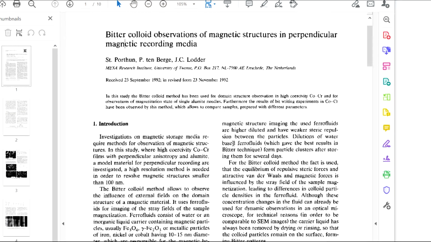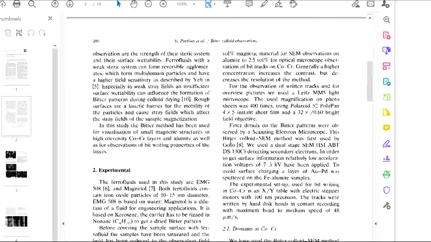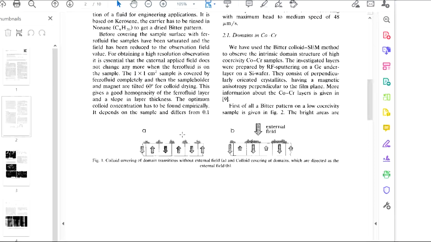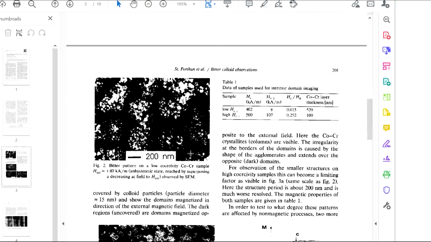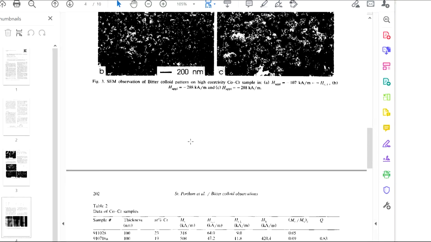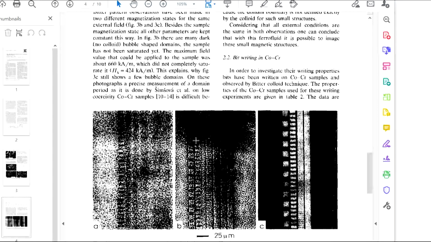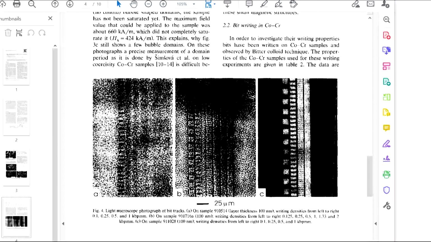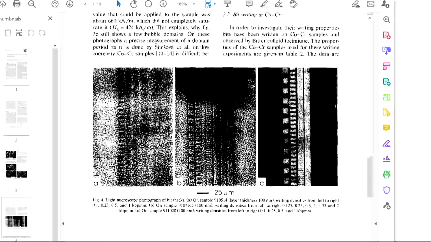Nowadays, there are other methods that are used, but if you scroll down, you will see I took this image for you from this paper. And this is what they observe. They actually publish these microscope images with very strange patterns and make some conclusions, but more than that, they illustrate the bit writing. This is a cobalt chromium film, and what they do is magnetize up and down areas, and you can use this colloidal method to illustrate the recording.